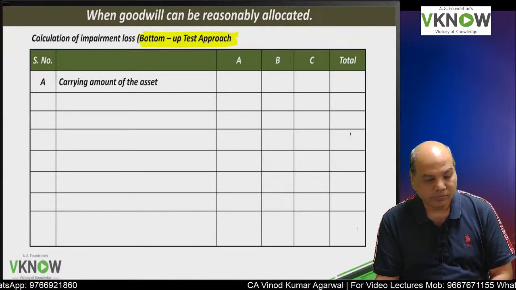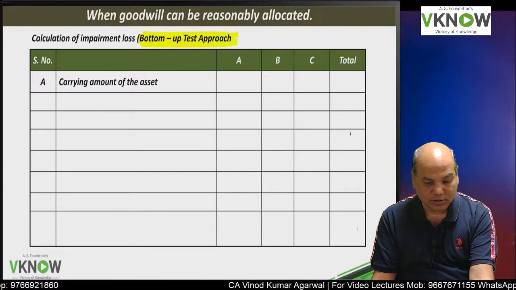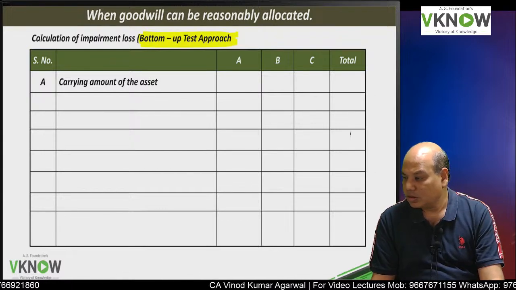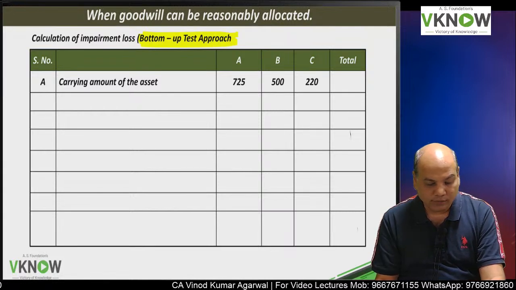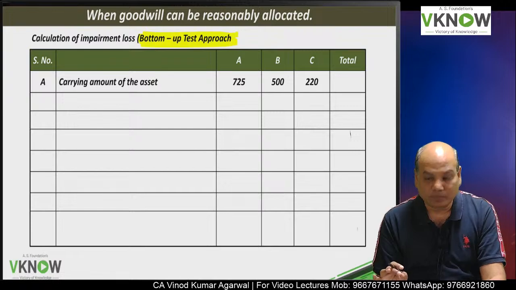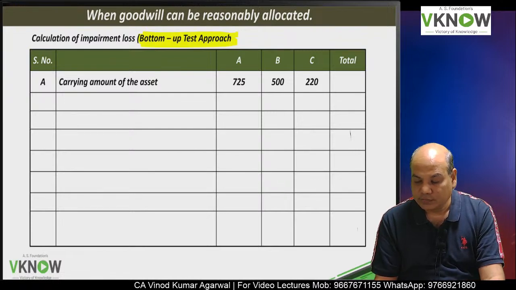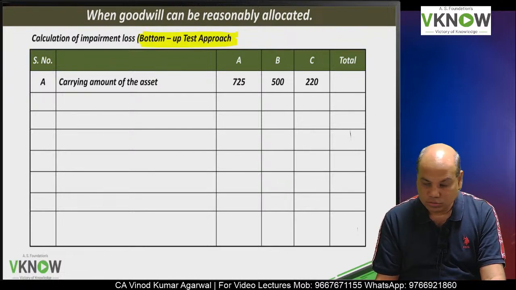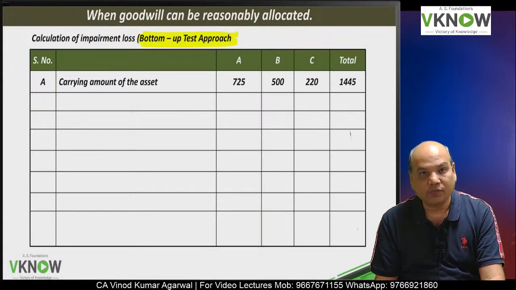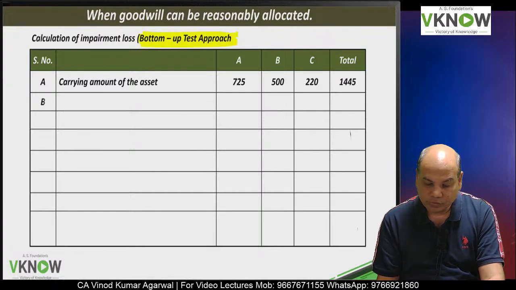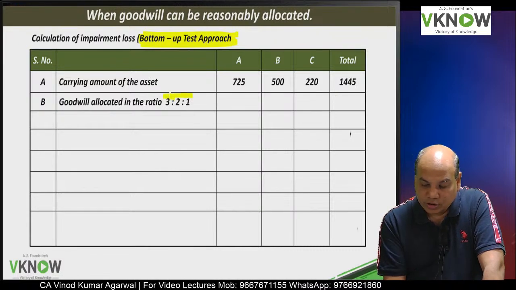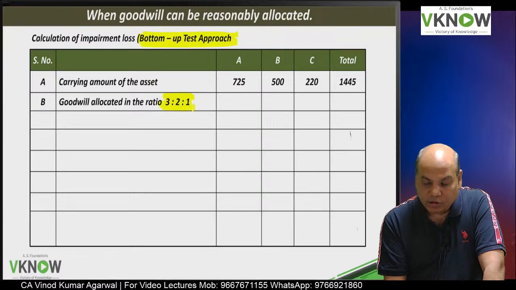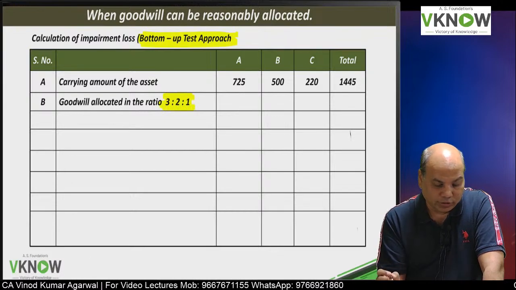First point, A, the carrying amount of the asset on the date you have got the indication of impairment: 725, 500, 220, total 1445. This is given. Then goodwill will be allocated in the ratio of their fair value on the date of acquisition.